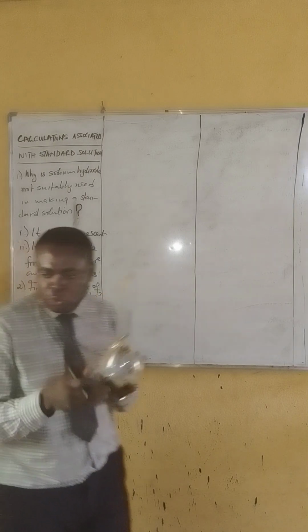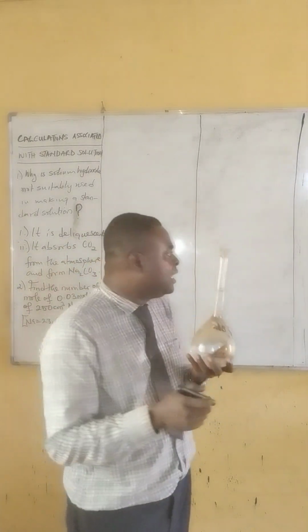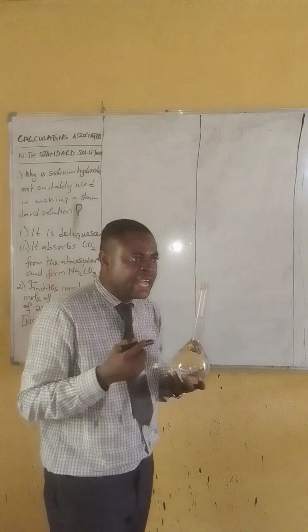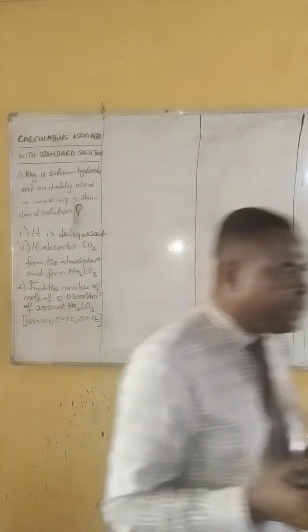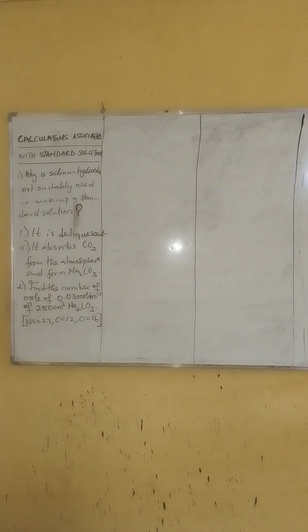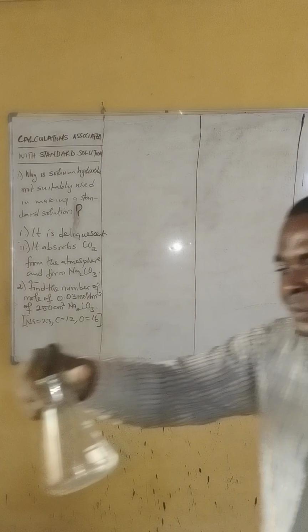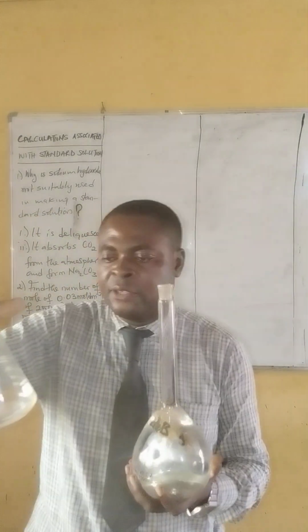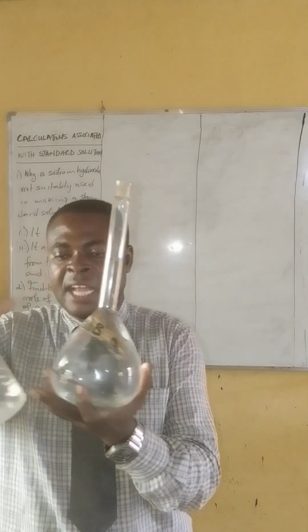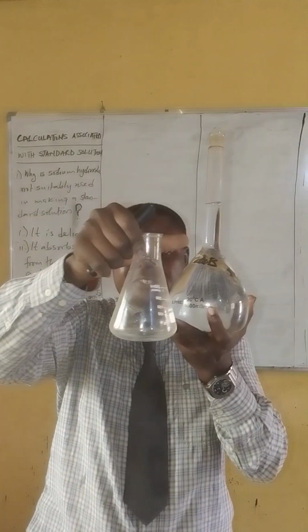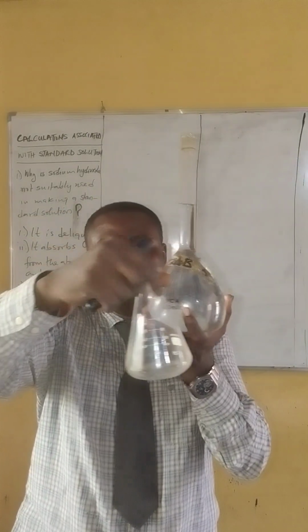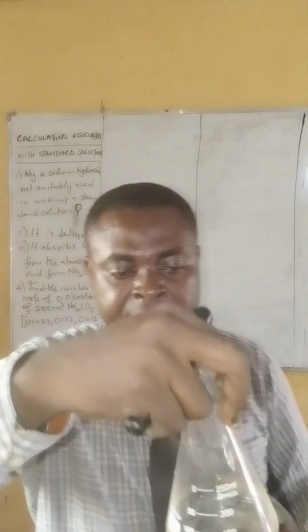If I pour this one inside a measuring cylinder of the capacity of 250 centimeter cube. Look at this, this is a beaker now. If I pour it here now, and this one is graduated to 250. So this is 250 mil. Can you see 250 mil here? Written here.